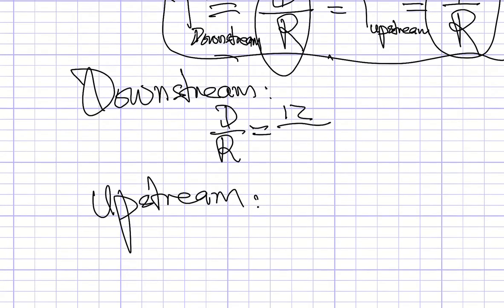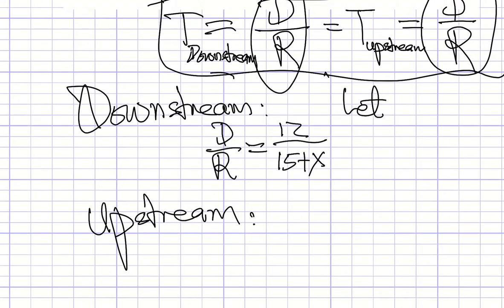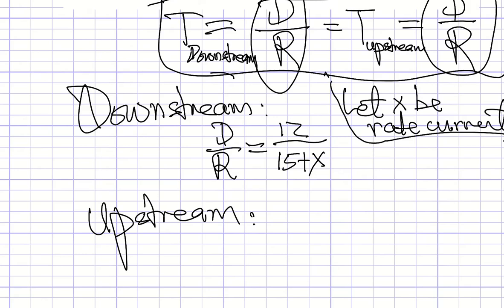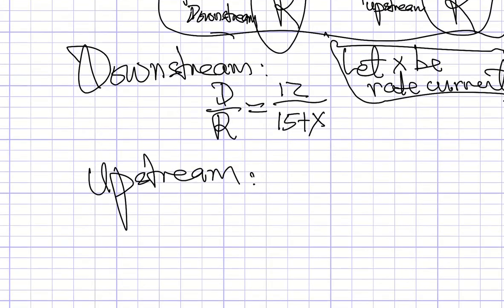It's 15 plus x. We'll let x be the rate of current, okay? You always want to stipulate that way you know what you're solving, because that's what they want. Okay, but the current will help him go downstream like that.